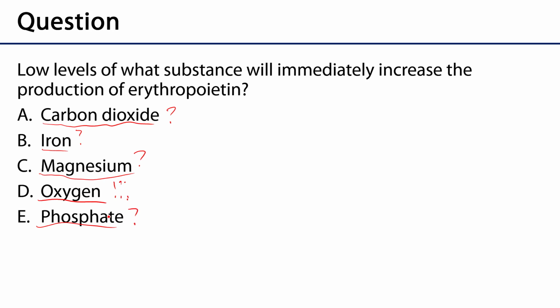Well, if you recall, erythropoiesis is a process that is induced by hypoxia-inducible growth factors, as well as EPO, when there are low levels of oxygen, when there is hypoxia in tissues or hypoxemia throughout the body. So the correct answer is low levels of oxygen are going to upregulate EPO production.